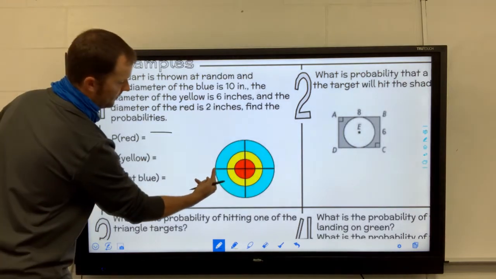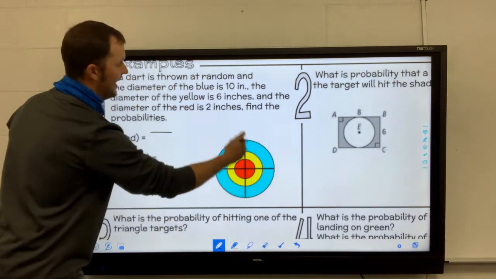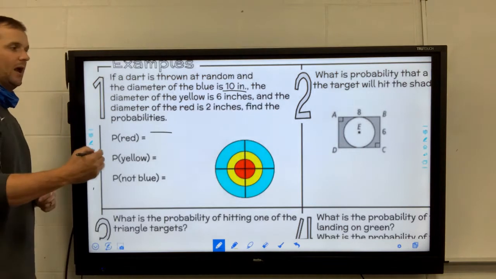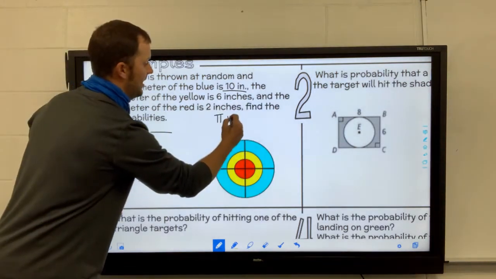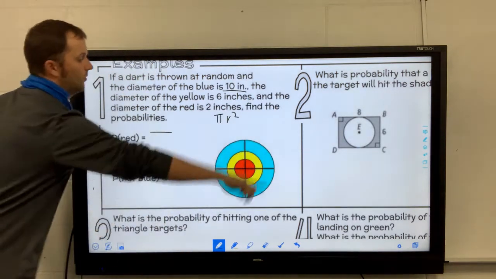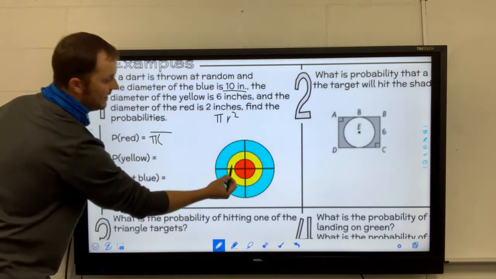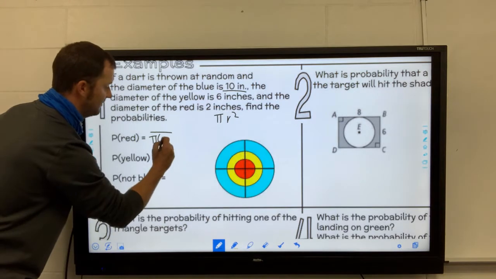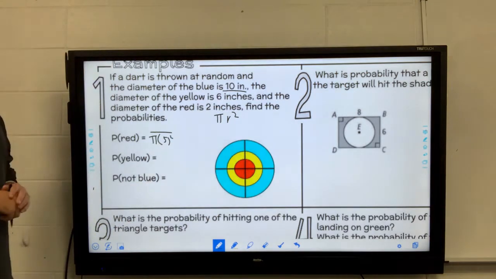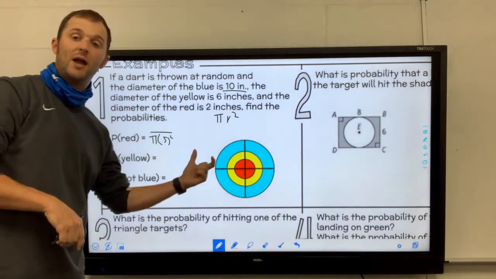I know from side to side, all the way across, the diameter is 10 inches. The area of a circle is pi r squared, so the total amount of space is pi times the radius, which is half of that, 5, squared. Now I have to do the area of my red circle.